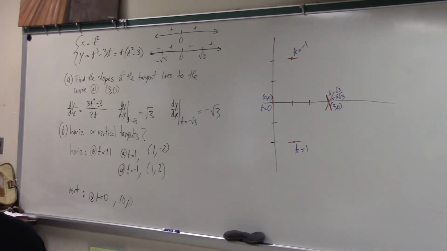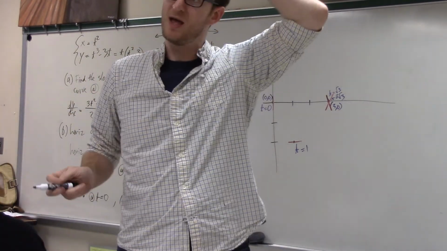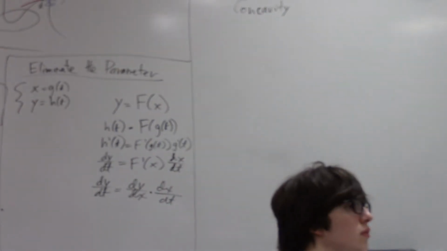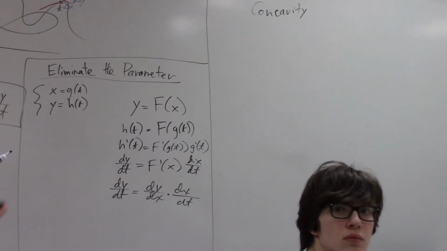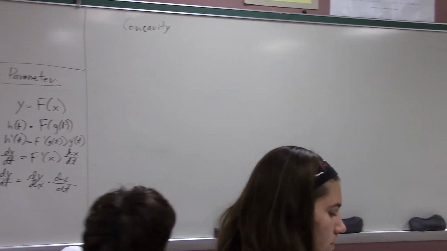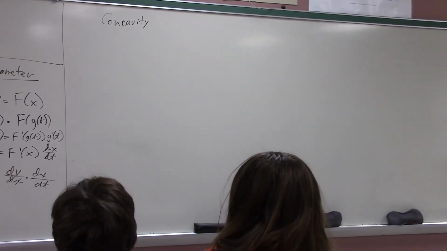All right, the last thing is I'm interested in the shape of this parametric curve, and thus what I'm interested in is concavity. All right, so what's going on here? This is a little confusing, so I might recap this explanation next class. Concavity is determined by what the slope of the tangent line is doing.